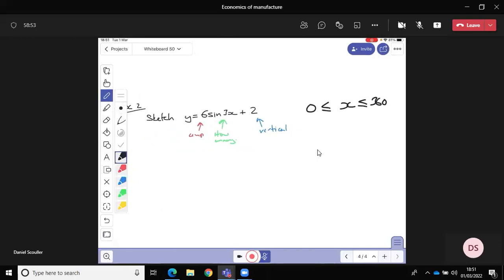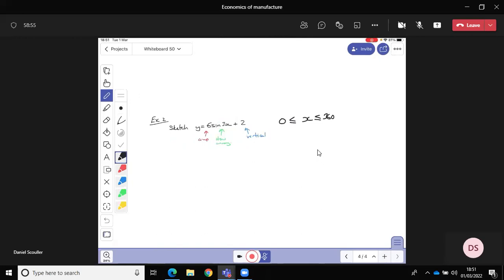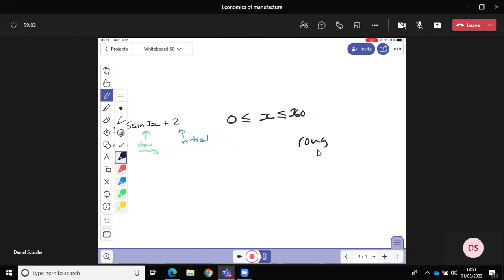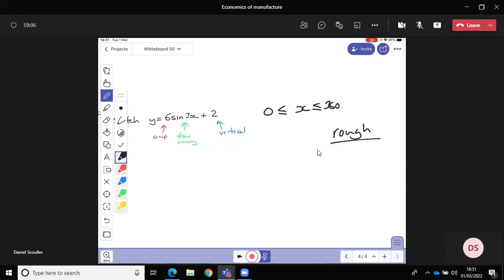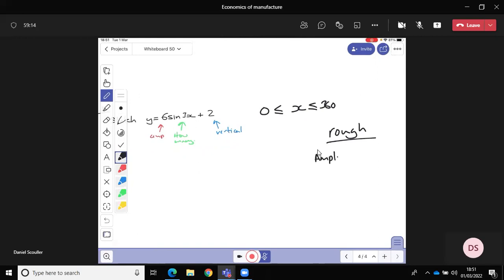Rough working, or whatever you want to call it. Take it over to the right hand side and make sure you separate it. Make sure you really cut that page up. What's it telling me? Amplitude is going to equal 6.